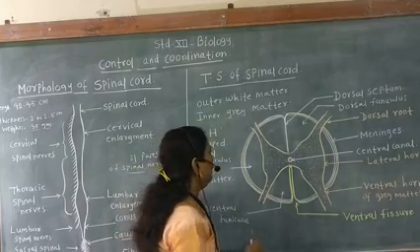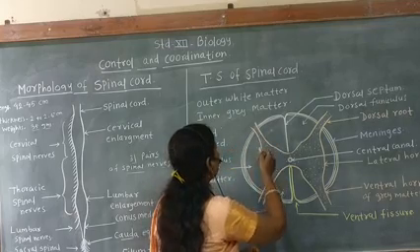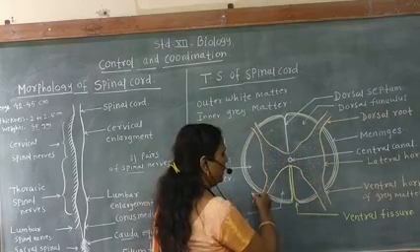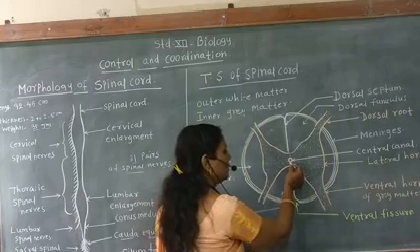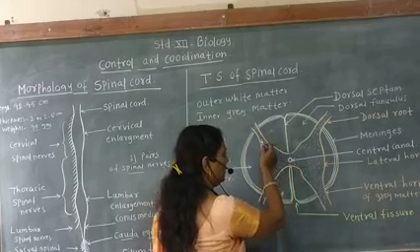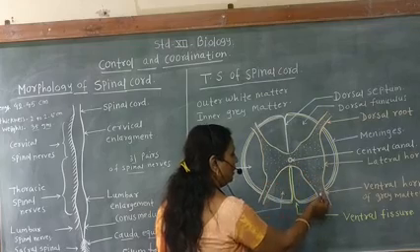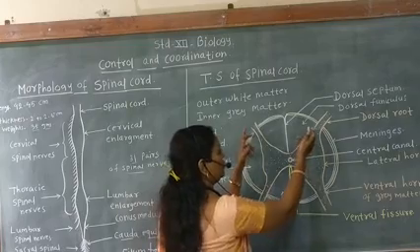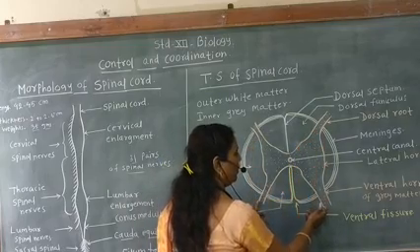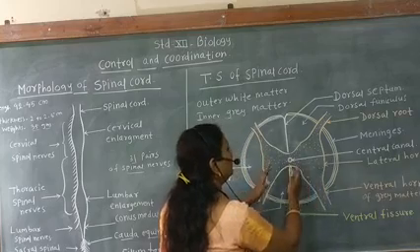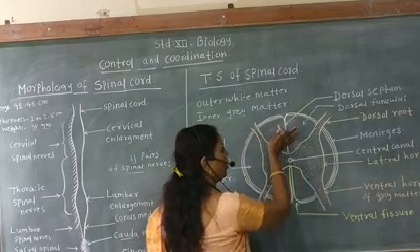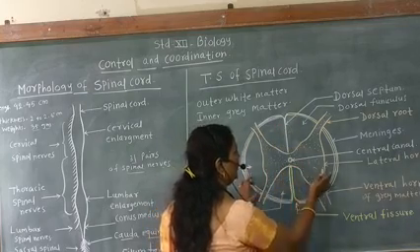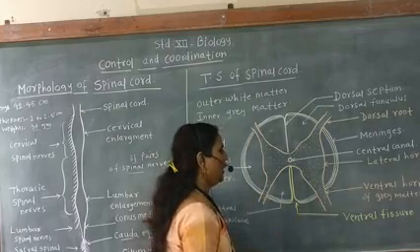So see here, the TS mainly shows the outer meninges. Surrounding the central canal is the grey matter, which forms an egg-shaped structure. It forms two dorsal horns and two ventral horns. The grey matter divides the white matter into the dorsal funiculus, ventral funiculus and lateral funiculi.